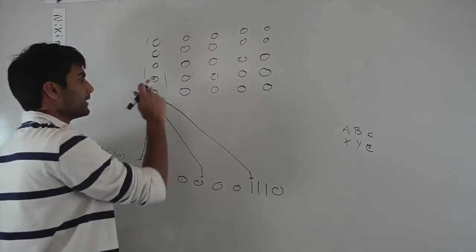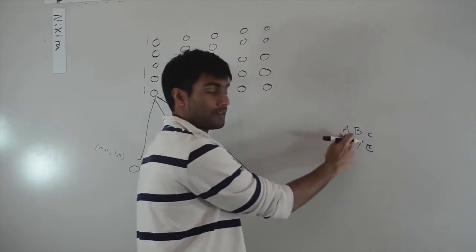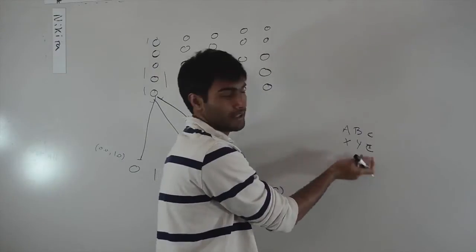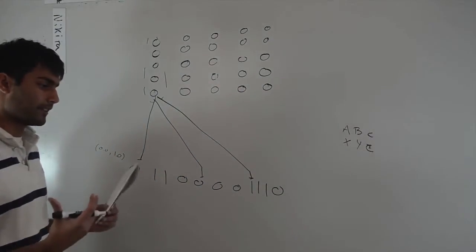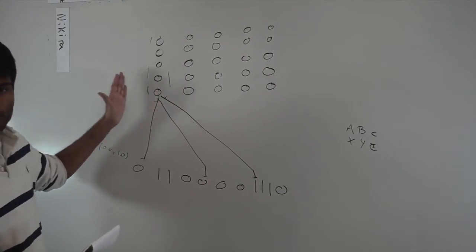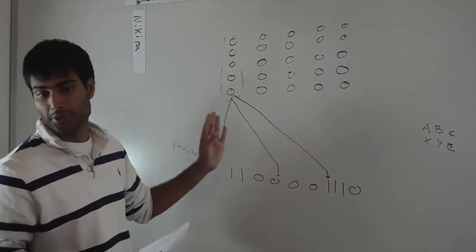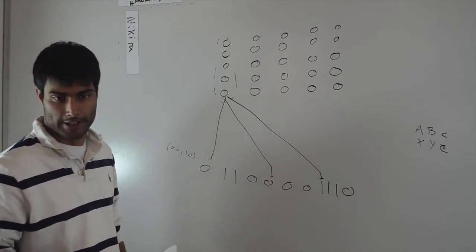However, it should activate different cells within those columns, because this C is one that came from a B, whereas this C is one that came from a Y. So that's the basic fundamentals of the CLA: columns represent the current input, and the cells within the column represent that input with a different set of history behind it.